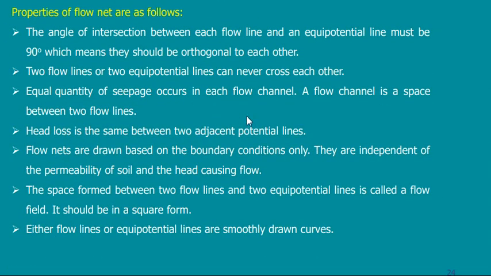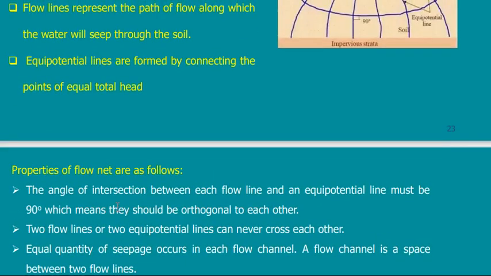So head loss is the same between two adjacent potential lines. Flow nets are drawn based on the boundary conditions only. They are independent of the permeability of soil and the head causing flow. This is a very important point.